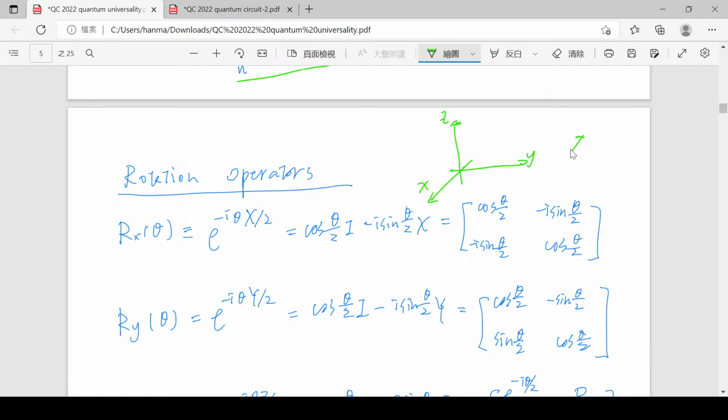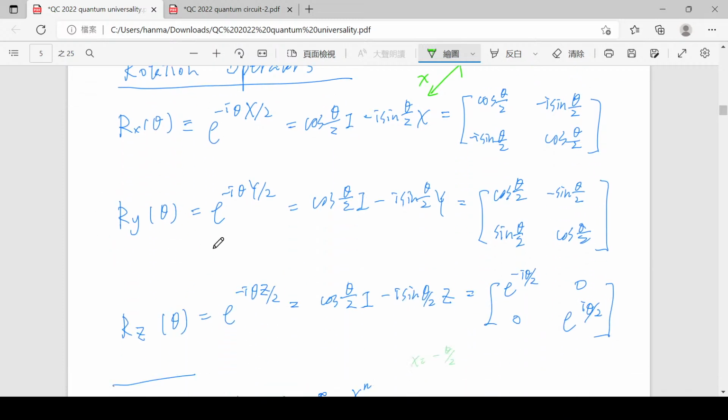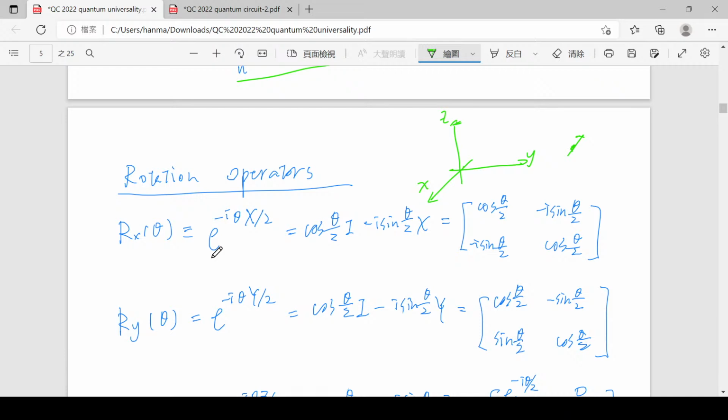So we are thinking about some particle with spin half, which actually means a two-dimensional space. And those Rx theta, Ry theta, and Rz theta correspond to you rotating your particle along the x-axis, y-axis, and z-axis by angle theta, and what will happen to the quantum state of your particle.